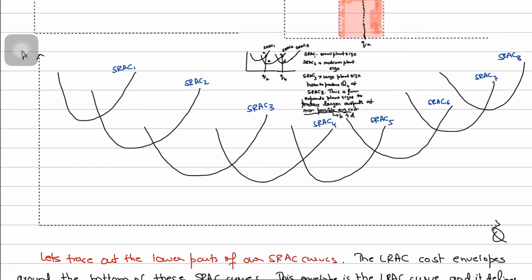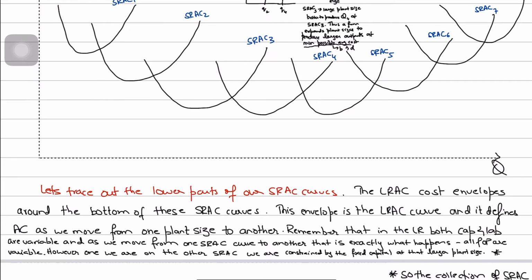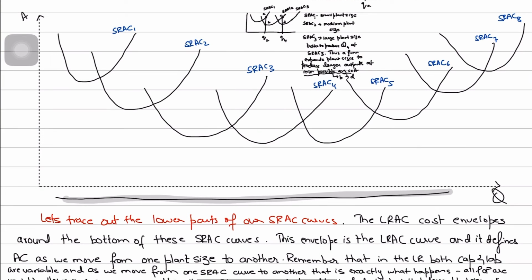So guys, if we think about all the possible quantities that a firm could end up producing, then in order to find the average cost associated with the production of those quantities, and therefore find the long run average cost curve for the firm, what we would be doing is tracing out the lowest parts of all the possible short run average cost curves.